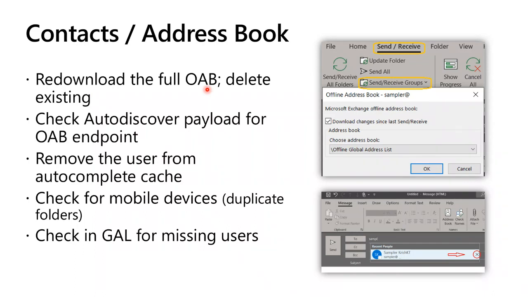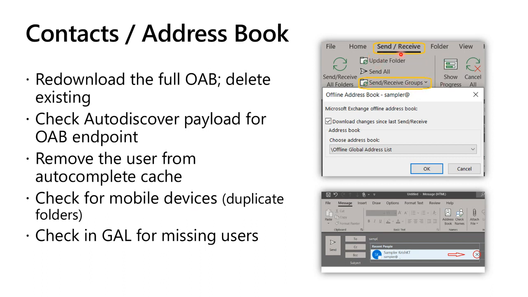There are certain conditions for a full OAB download to happen, like a previous full download failed, or there's no OAB file on the client computer. The user can do a manual OAB update by navigating to File, Account Settings, and then clicking on Download Address Book, or the Send/Receive option as shown here on the screenshot.